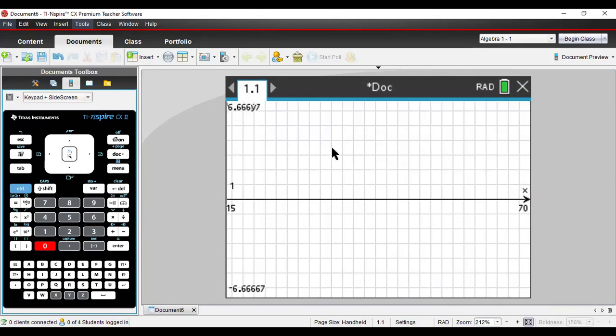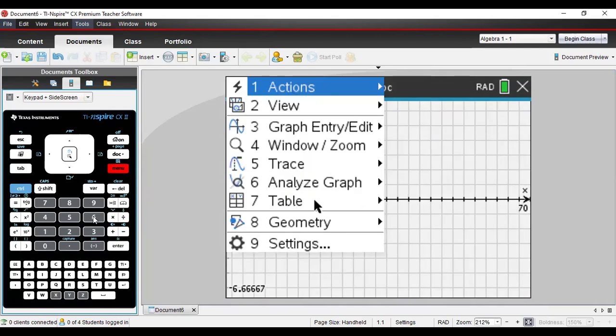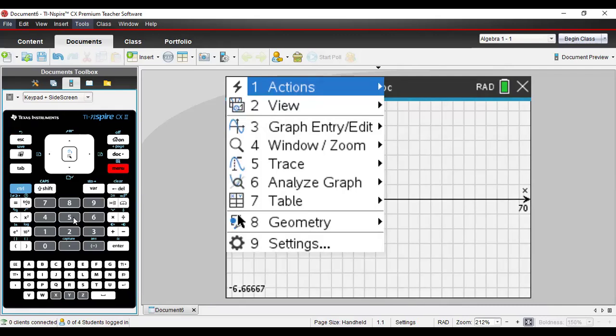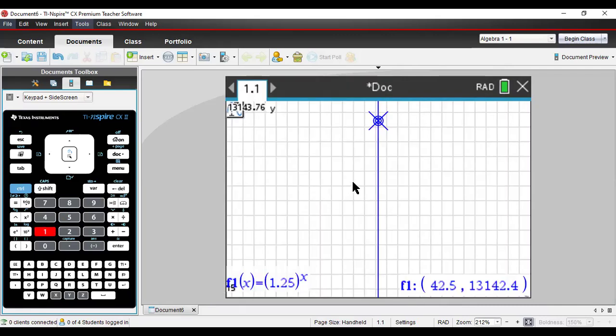Now you don't see anything, but what you do know is the x minimum is 15 and the highest is 70. So all I'm going to do now is go menu 64, because that's intersection. And it's asking, where's the graph? Well, I don't see the graph. So let me go menu 51 now. Menu 51. All right, there we go.